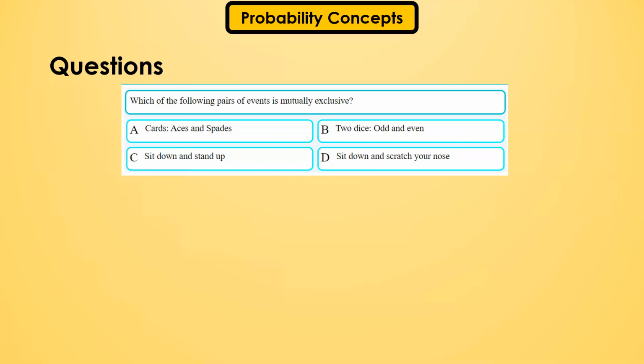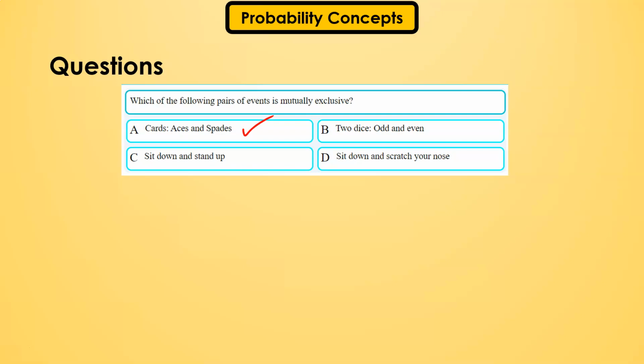So I'm going with that being mutually exclusive, because you can't get a card that's an ace and a spade unless it's a wild card. We're assuming it's a normal pack of 52 cards. But if you were having a set of cards and drawing two, is it possible? Yes, that would be possible to have an ace and a spade.